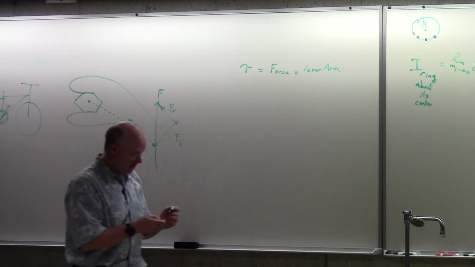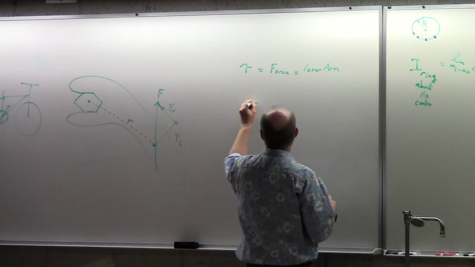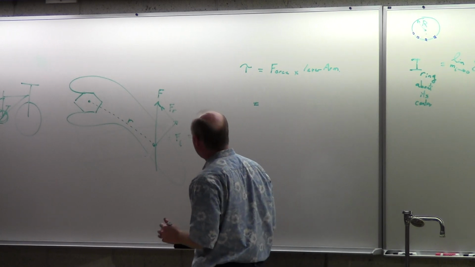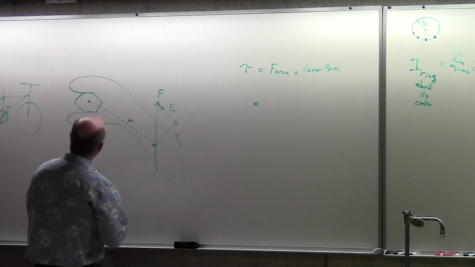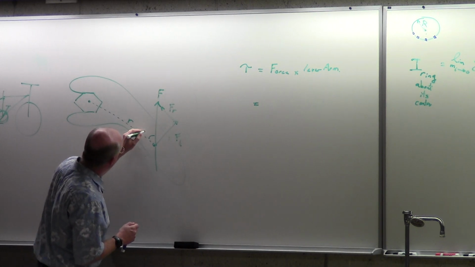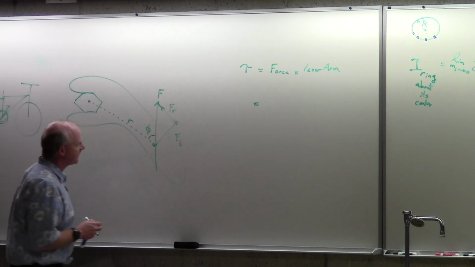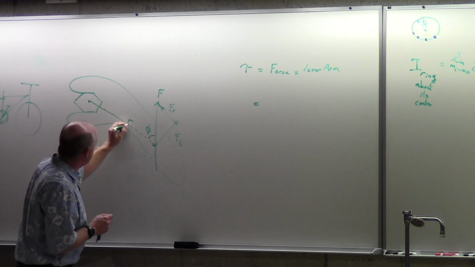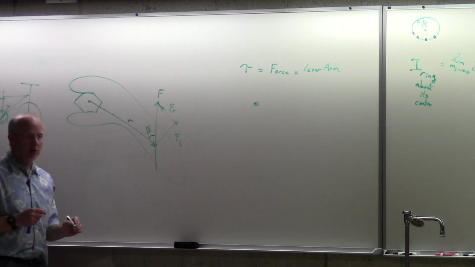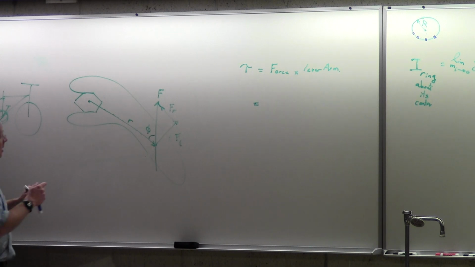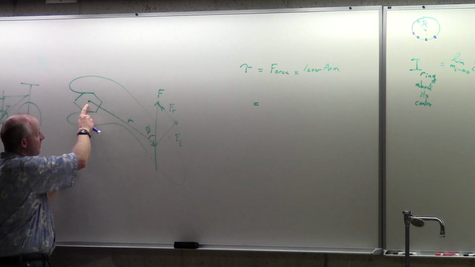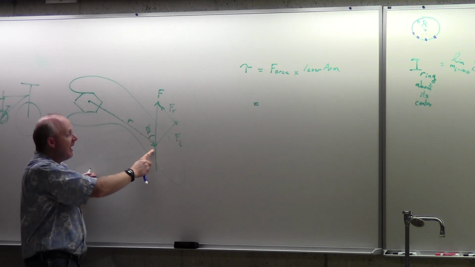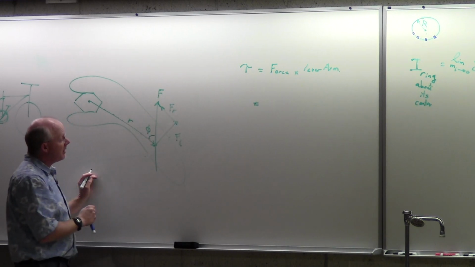So to make this a little bit better here, and to put an angle in here, let's call this angle phi. The angle that is between our R, with R being the distance from the pivoting axis to where you're applying the force, and F being this force.